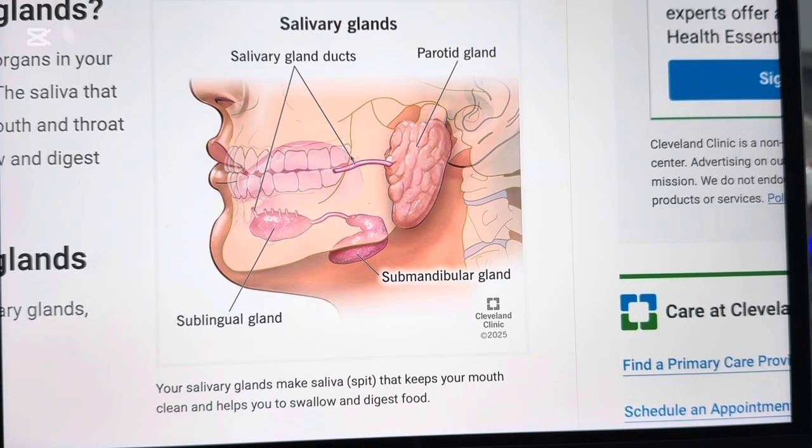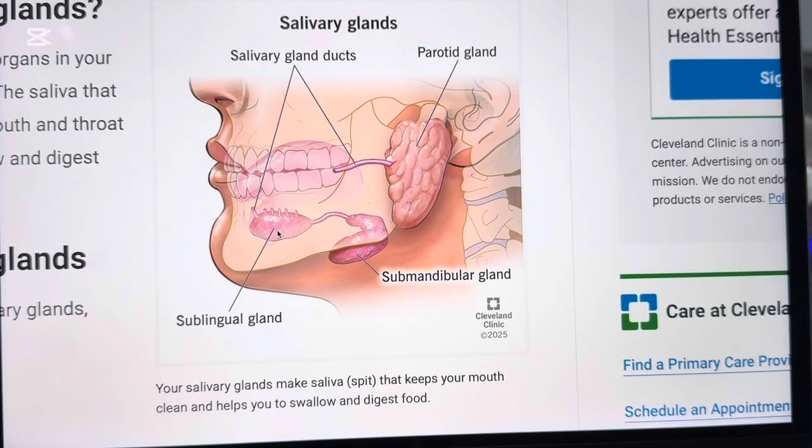Okay, there are three major pairs of salivary glands, which are parotid gland, submandibular gland, and then you have sublingual gland.